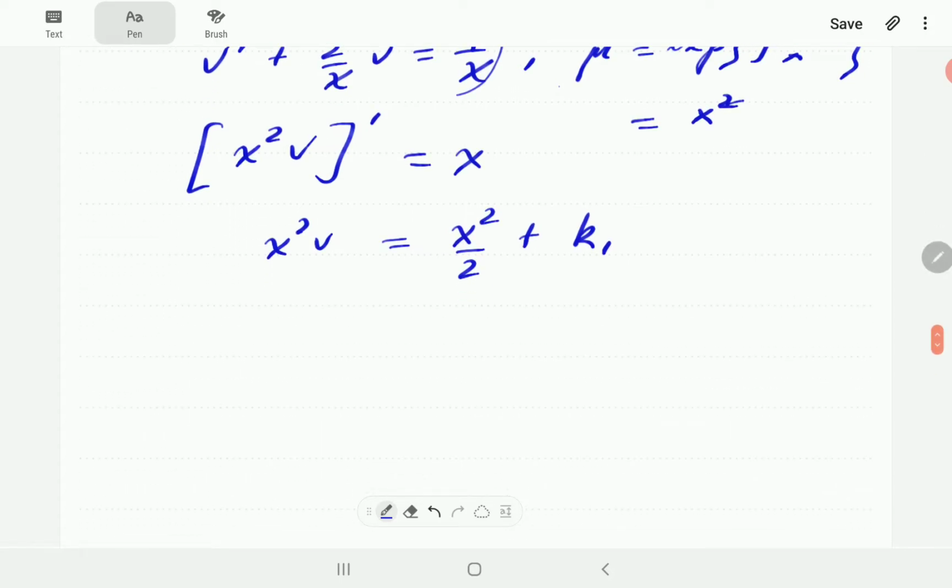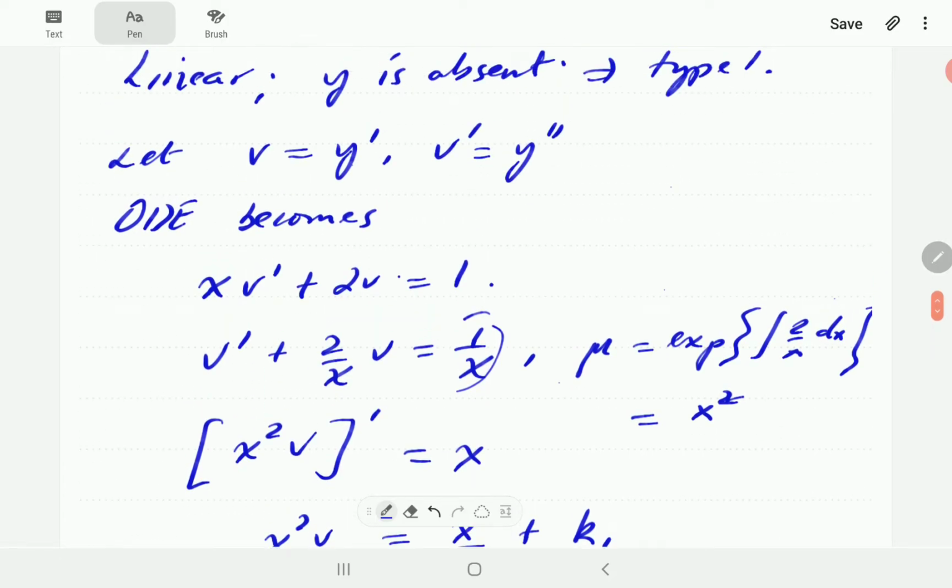So what we can do now is divide by x squared. So v is going to be 1 over 2 plus k1 over x squared. But then we recall that v is y prime, from our substitution here.